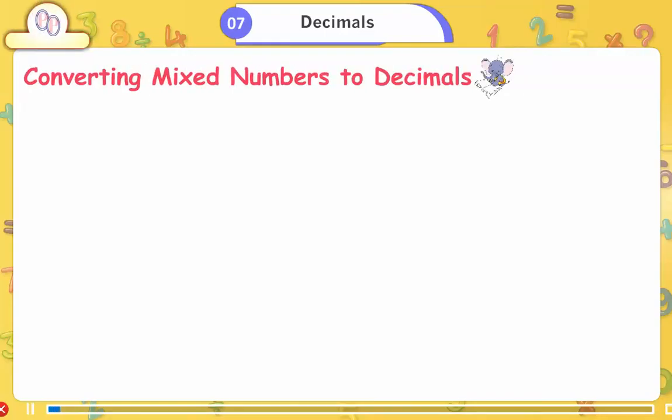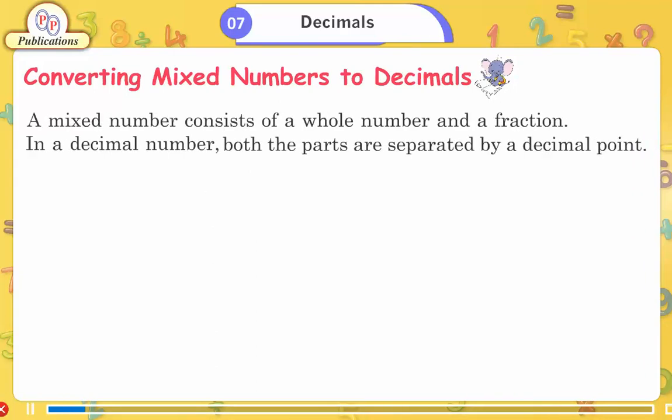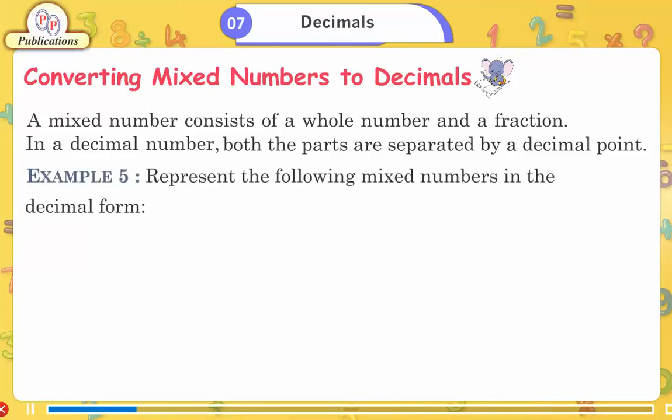Converting mixed numbers to decimals. A mixed number consists of a whole number and a fraction. In a decimal number, both the parts are separated by a decimal point. Example 5. Represent the following mixed numbers in decimal form. A. 2 and 7 upon 10. B. 96 and 34 upon 100.